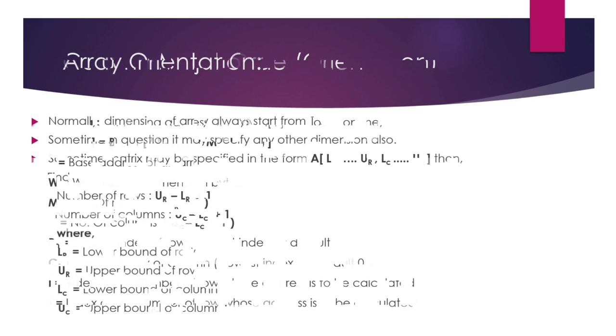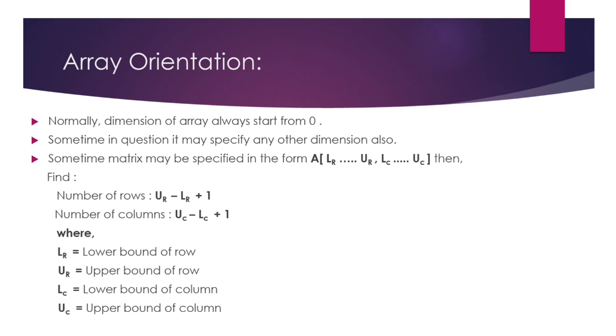And then see, sometimes they are going to ask the address of an array, but they are going to change the orientation of the array. Orientation means somehow the look, the presentation of the array they are going to change. Normally for us the array starts from 0,0 location, but sometimes in a question they may change the dimensions.